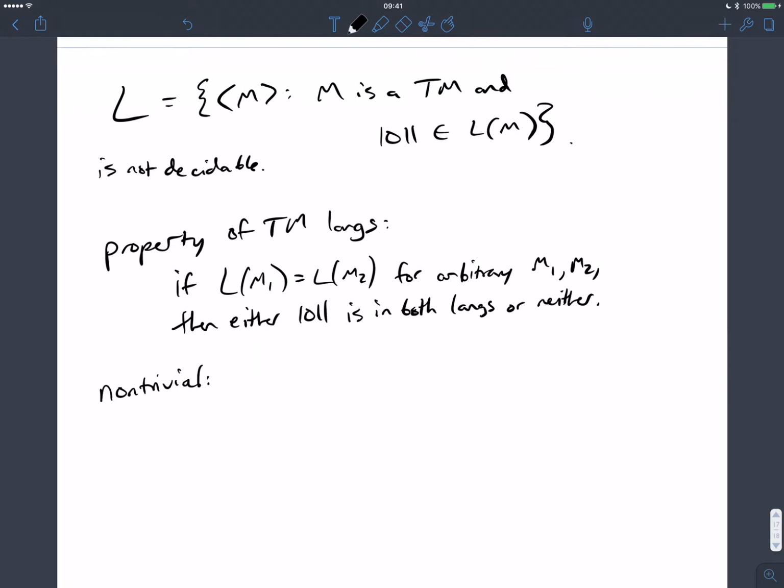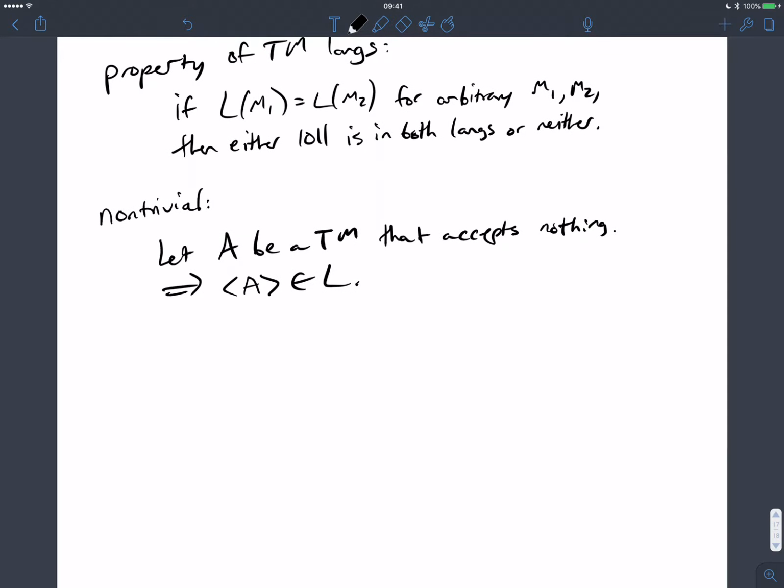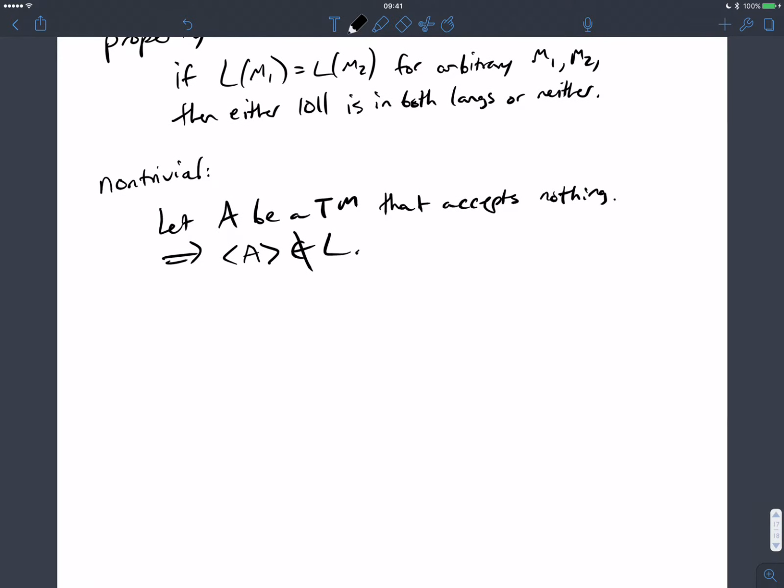Okay. Non-trivial. What do we need to show? Right. I need to show some machine in L and another machine that isn't in L. Any example? Yeah. So let A be a TM that accepts nothing. Therefore, A's description is not in L. And then what's one that is in L?